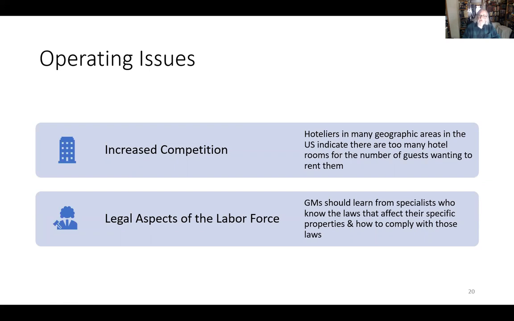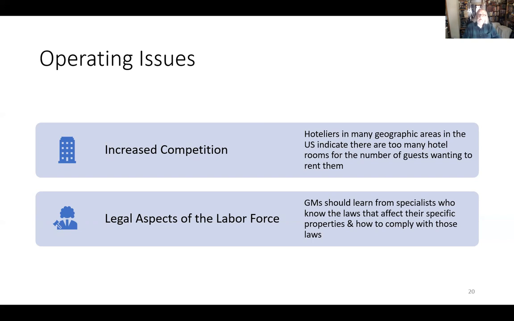Competition is very heavy in the hotel industry. And it's been a complaint for some decades now that in many prime geographic areas where there are attractions that draw a lot of visitors, existing hoteliers are complaining that there are already too many existing hotels for the number of guests that want to rent them.